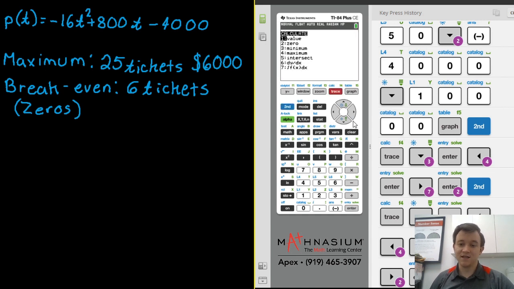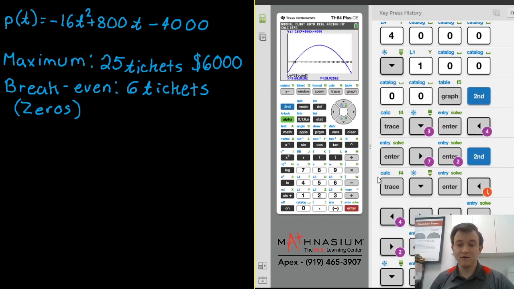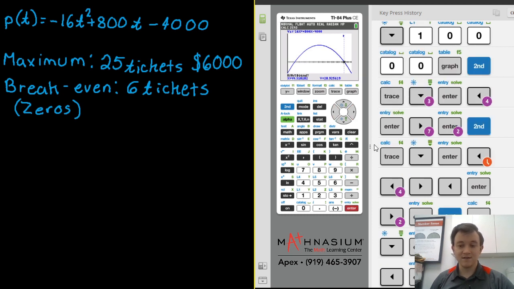So again, second calc, 0, and you scroll all the way over to just to the left of where you cross that axis, click enter, then just to the right of where you cross that axis, click enter, enter again. And so the most tickets we can sell, because this time, remember, if we sell 44.3, we break even again. It's perfectly out.